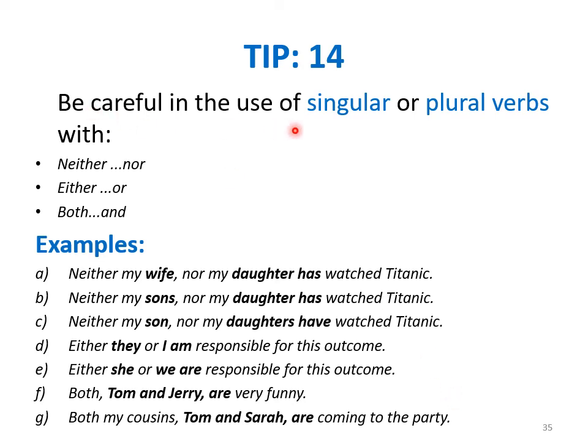Be careful in the use of singular and plural verbs. For example, neither, nor, either, or, both and. So how are they used? Neither my wife nor my daughter has watched. You would be thinking, there is a wife, there's a daughter, why has? So neither and nor, either and or, these are used for singulars, and both and is used for plurals.